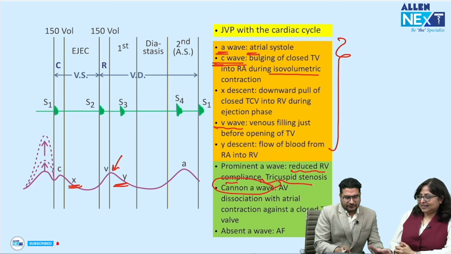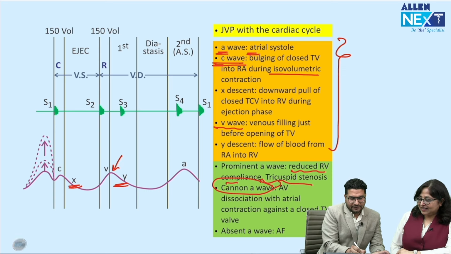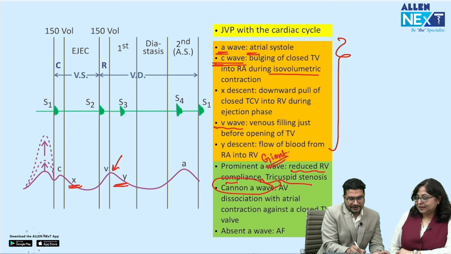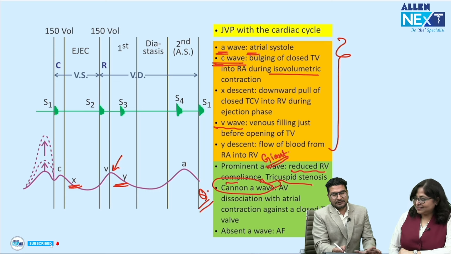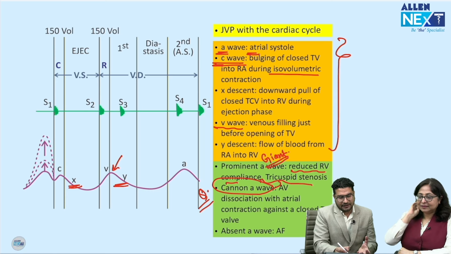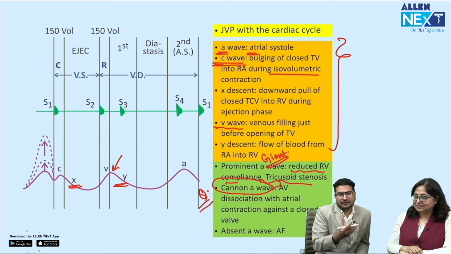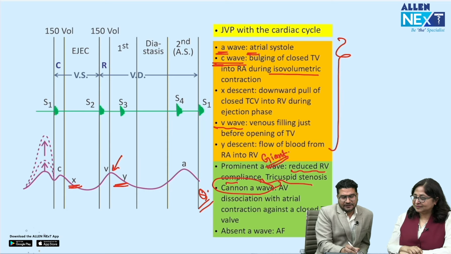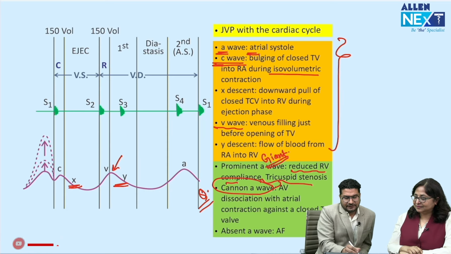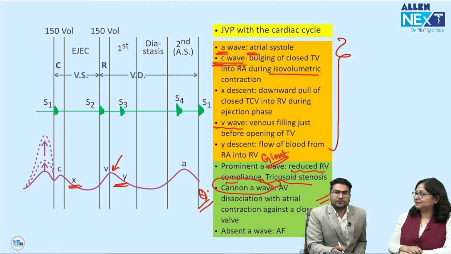So just one more thing I want to add is this prominent A wave. Sometimes we also call this a giant A wave, and this is a last year question, cannon A wave. So understand this. This is seen when the ventricles are trying to contract but against a closed valve. Where can we see this? In conditions like AV dissociation.